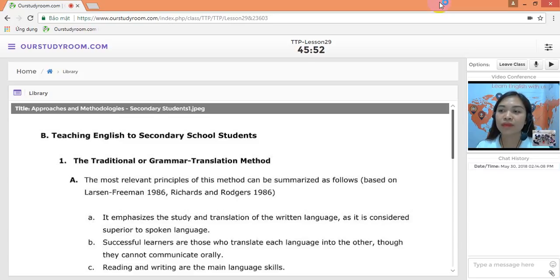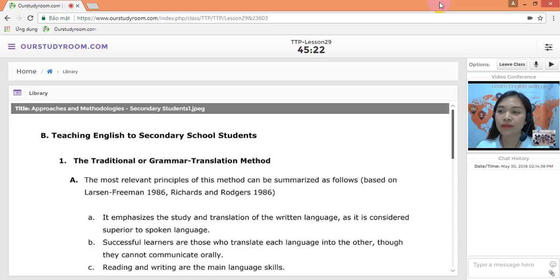This method has characteristics such as the teacher always plays an important role, and there is always interaction between teachers and students. Translation is the most used in this method.